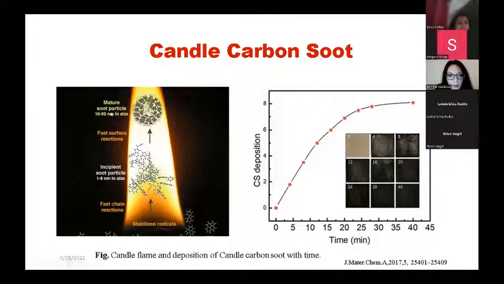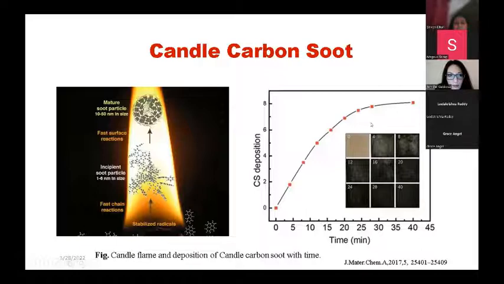If we put the substrate in that area, we get carbon particles of 10 to 15 nanometers in size. So the choice of the flame area also depends on our application.